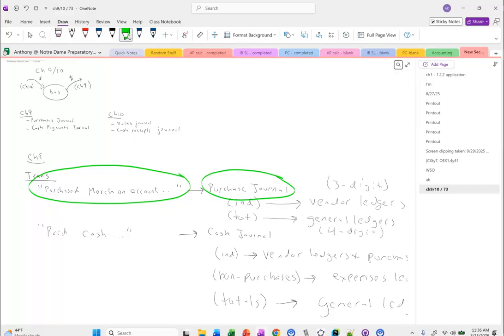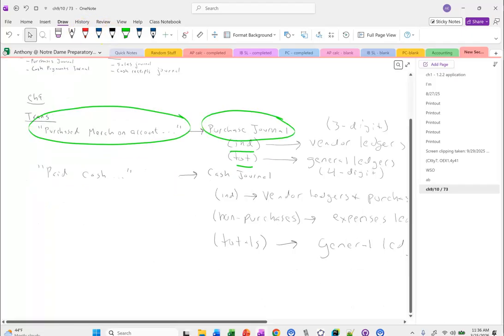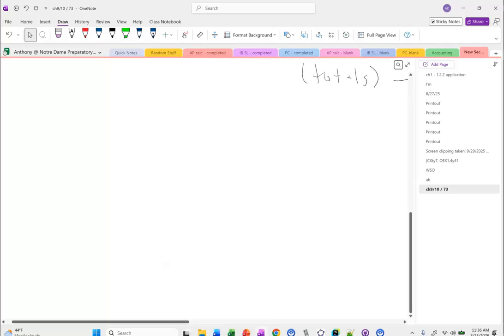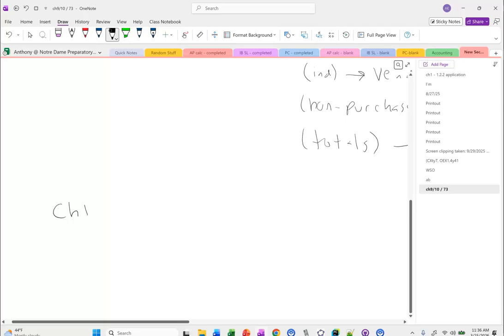So that is the idea in chapter 9. Let's look at chapter 10, which honestly I think should have been easier, because when you're running a merchandising business, the only money coming in is from sales, right?